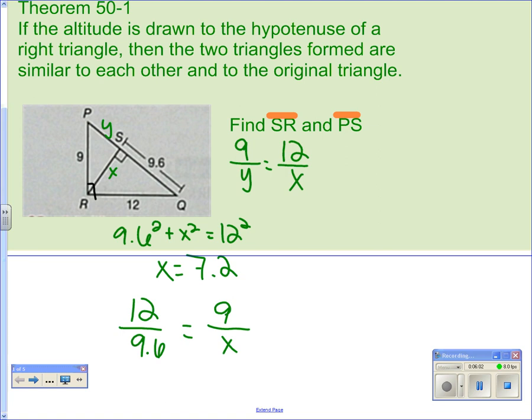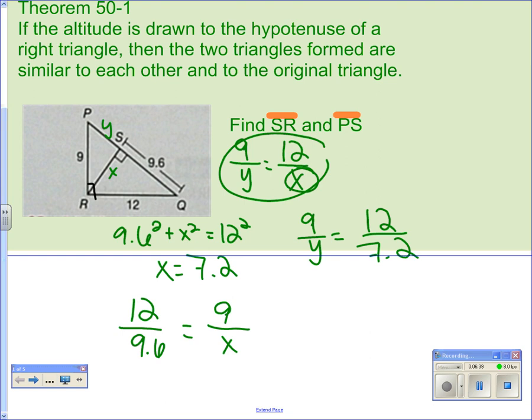Okay, so now we have X. How could we find Y? Nine over Y equals what? 12 over what? Oh, you're saying just plug X in there. Okay, yeah, that'll work. Just take this and plug in X. Does that make sense?